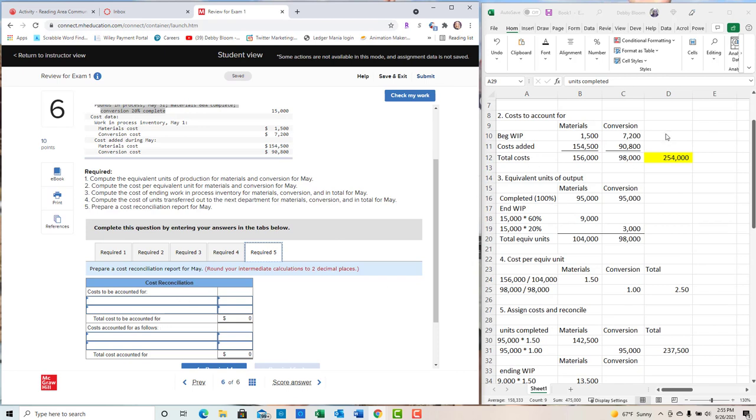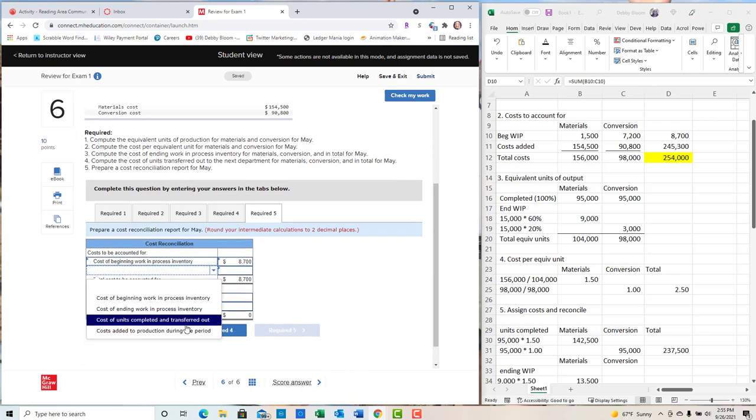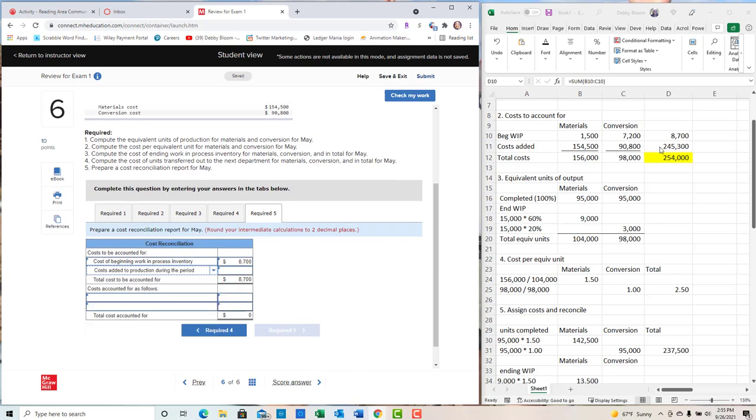So our cost to account for are going to be our costs in our beginning work in process. So our costs in our beginning work in process, we'll just add them together. Costs in our beginning work in process, $1,500 plus $7,200 gives us $8,700. And then our costs added into the process. And that was that second line, $245,300.